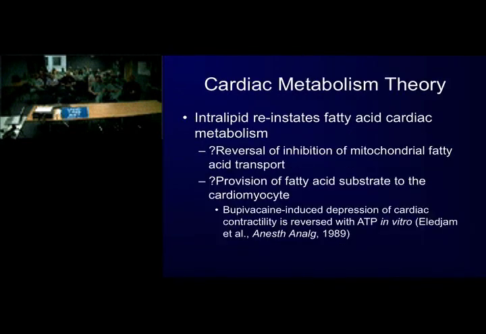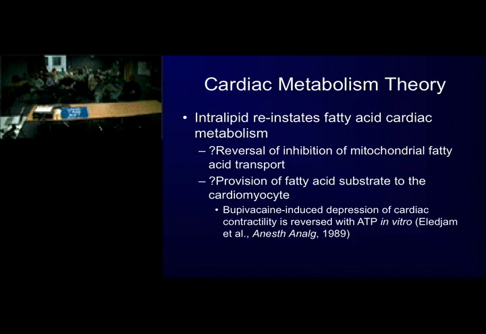So the theory from that point, therefore, is that Intralipid reinstates fatty acid cardiac metabolism. So the question is, does it reverse the inhibition of fatty acid transport? Or, because as you saw earlier, Intralipid primarily consists of fatty acids, does it provide fatty acid substrate to the cardiomyocyte?